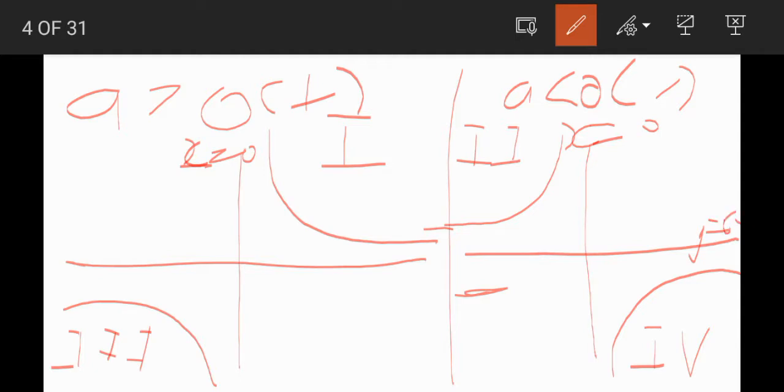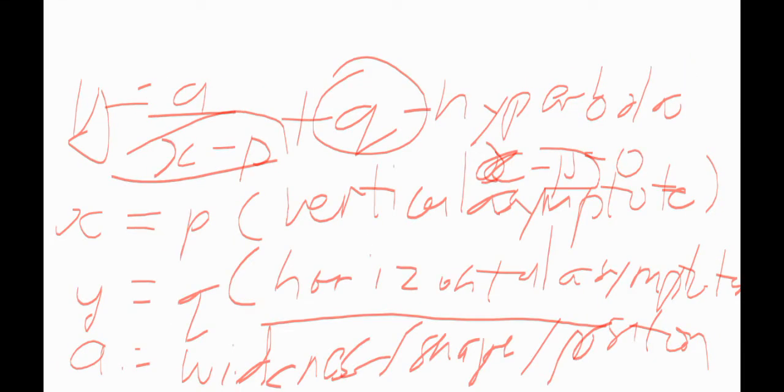Remember, this is the mother graph, right? So when your a is less than 0, meaning it's negative, we expect that when you draw, we will locate your graph in the second and fourth quadrants. But remember, this is one graph. It just appears in two quadrants, right? Because that's the nature of a hyperbola. It is two asymptotes that divide the two wings of the same graph, right?